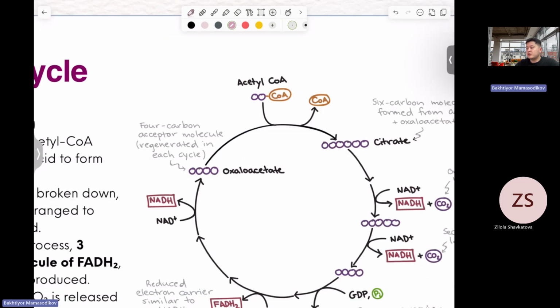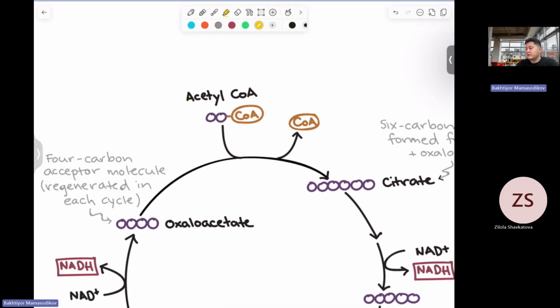It takes the acetyl-CoA. Can you see this acetyl-CoA? Where did it come from? From pyruvate. Pyruvate became the acetyl-CoA, right?